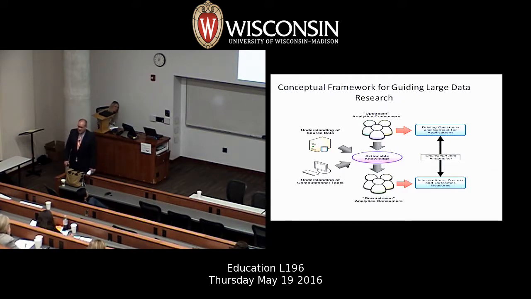So here is a framework that I'm borrowing from a gentleman from Ohio State, and I should have cited him, I apologize for that, of how he's conceptualizing managing large data, and I think it has some merit for us, and I think there's a couple problems with it as well.